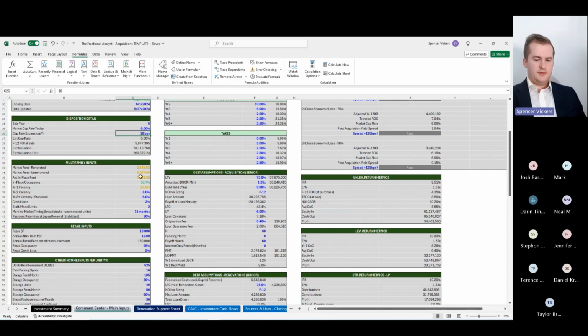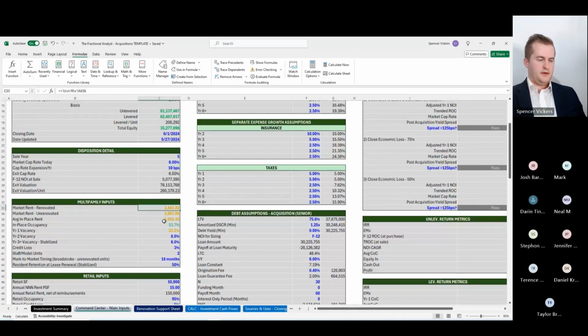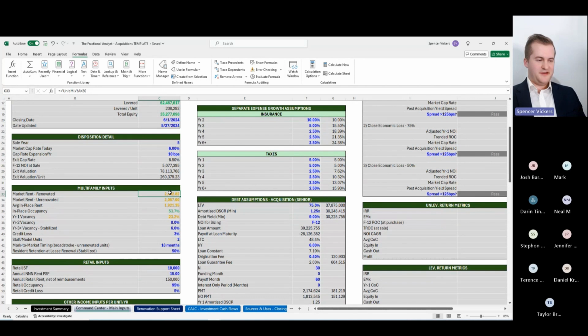Again, these gold inputs here, market rent for renovated units, market rent for unrenovated units, and the average in-place rent, are all pulling from the unit mix, but you could just make an input here if you didn't want to go through the unit mix process. In-place occupancy, again, pulling from the unit mix, year 1 vacancy, year 2 vacancy, year 3 vacancy, and stabilized going forward.